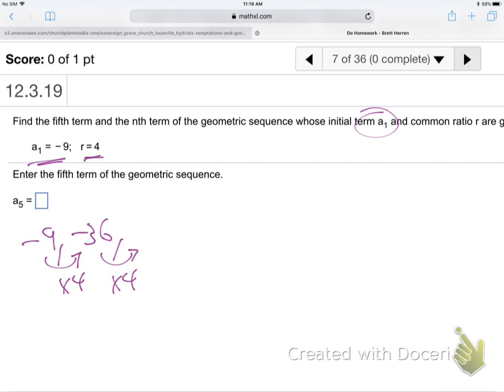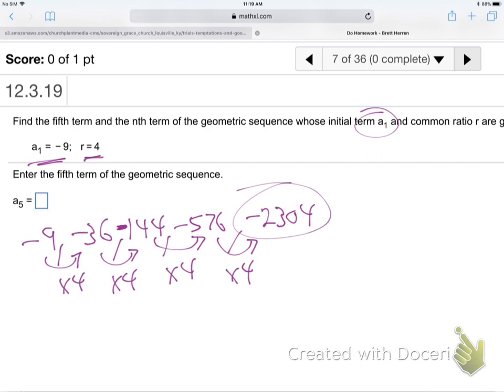The geometric ones get real big real fast, don't they? This would be negative, whoops, 2304. That's the fifth term.